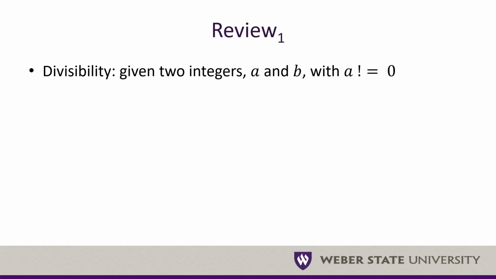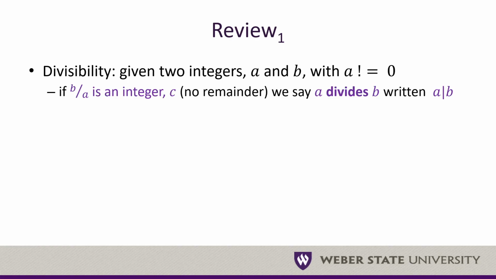Before we talk about divisibility, when we're introducing the idea of number theory and what we have to work with there, here given two integers a and b, where a is not 0. So a is the one that's not 0.